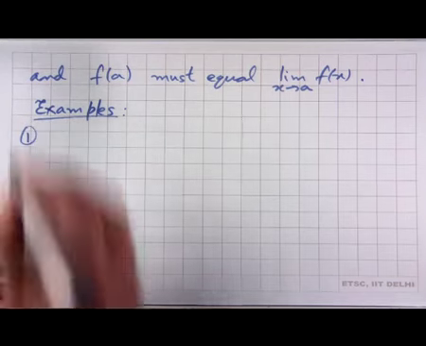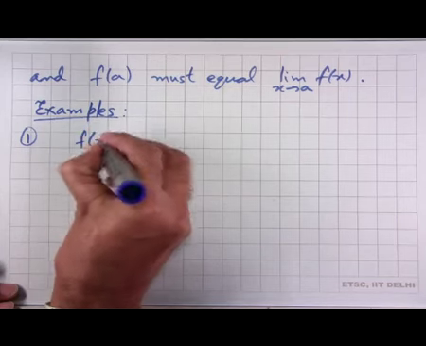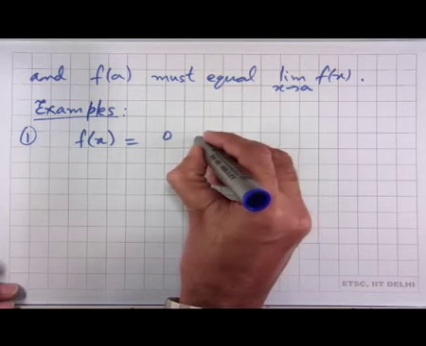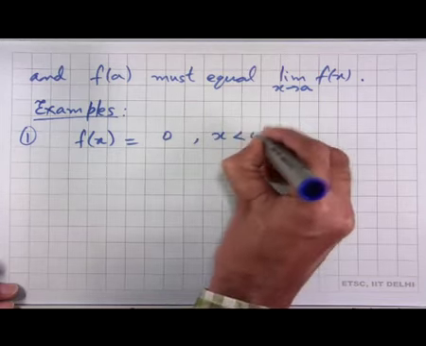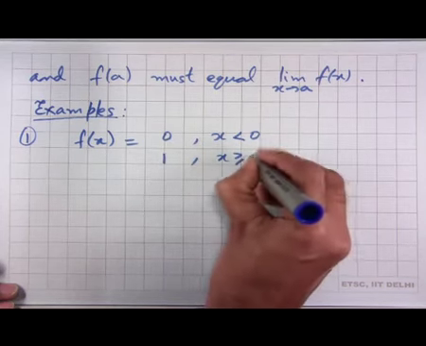Example one. Consider f of x which is equal to 0 for x less than 0 and 1 for x bigger than or equal to 0.